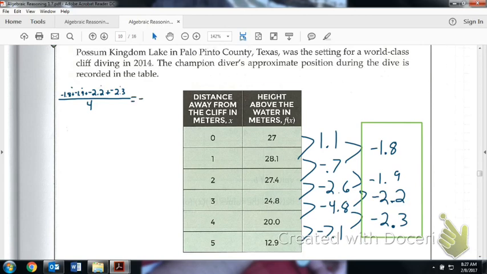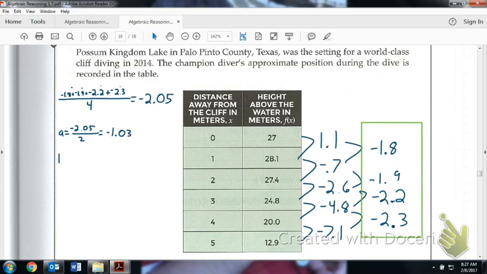And you get negative 2.05. So I get my A value. It's my second difference divided by 2. Negative 2.05 divided by 2 equals negative 1.025, which I'll round to negative 1.03.